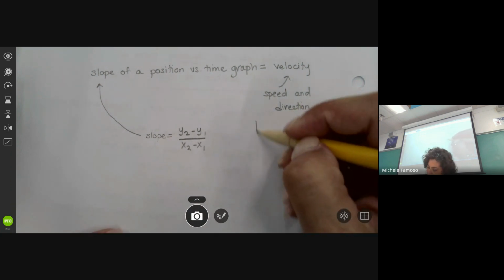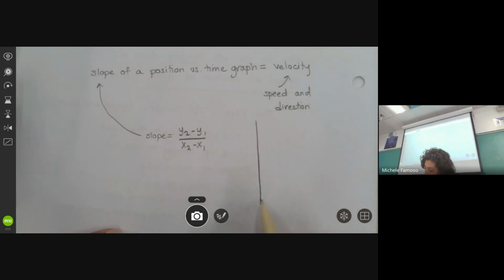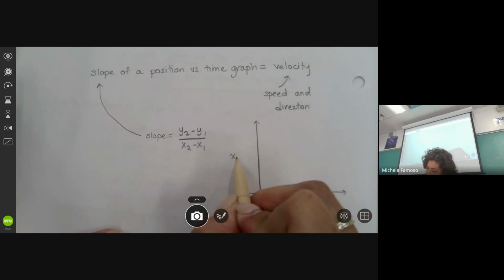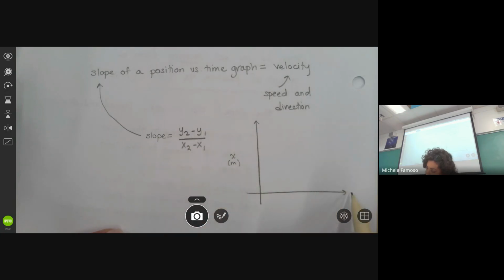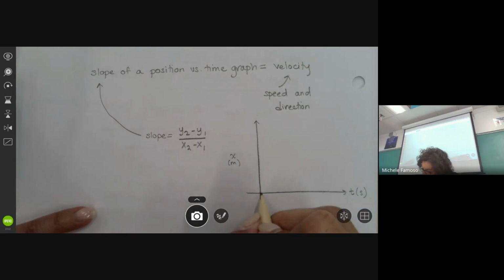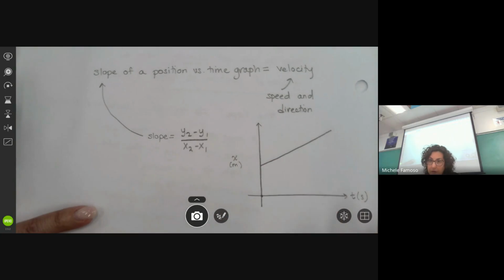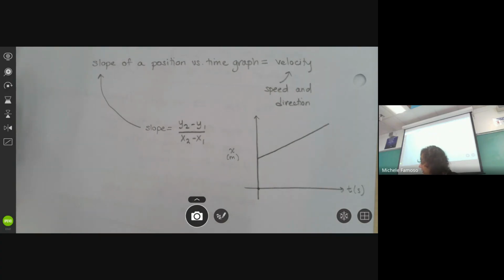Now let's say this is my graph of my position in meters versus my time in seconds. Let's say I've got a line on this graph, okay? Diagonal line like that. This is my starting time.